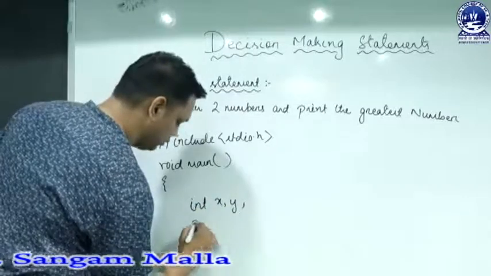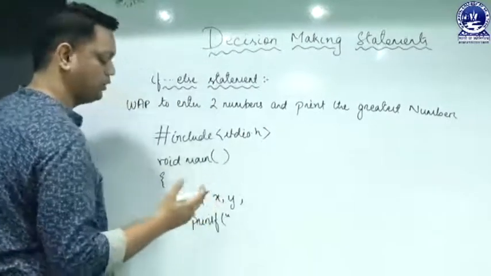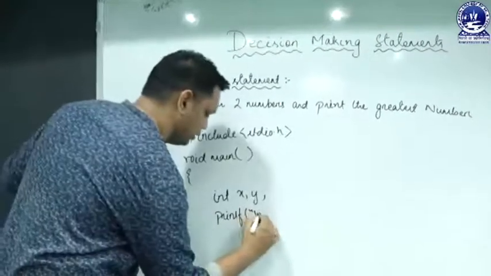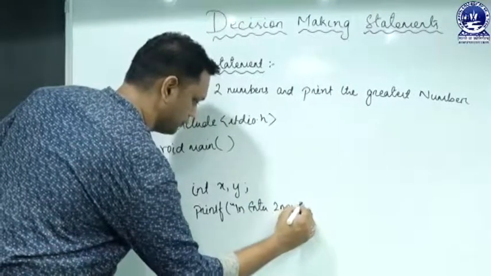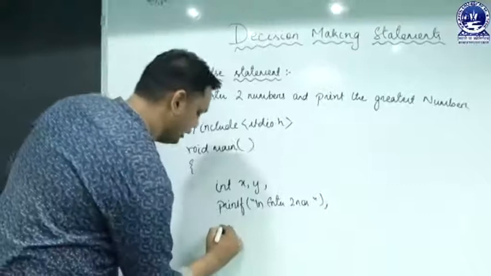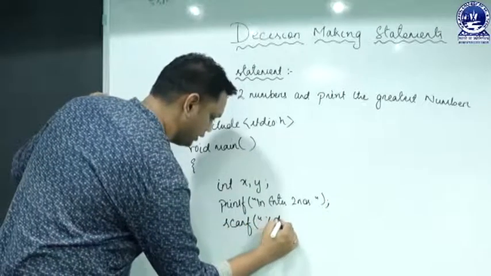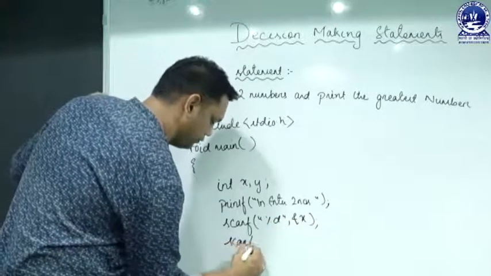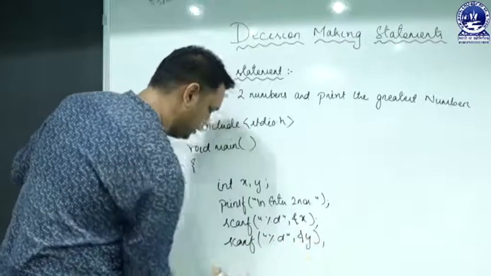Now I have to give a message to the user so that the user will not be confused about what type of value to give: enter two numbers. Now I will write scanf %d, &x, again scanf %d, &y. So we have entered two numbers.